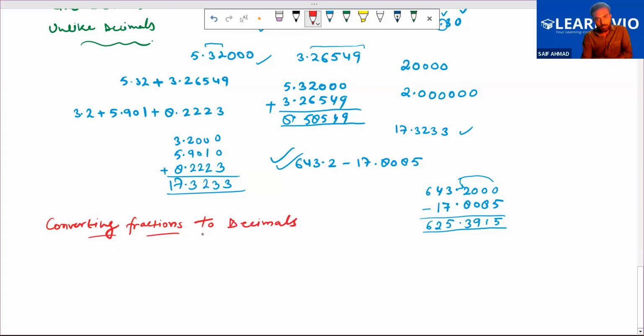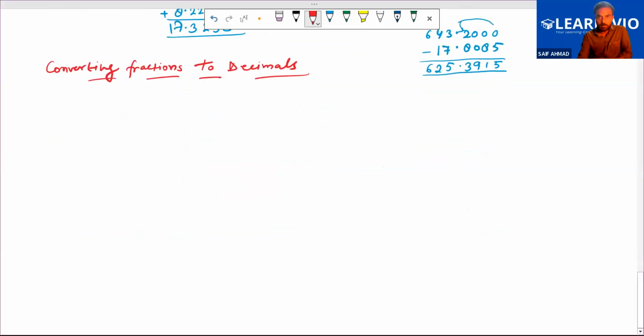If the denominator of the fraction is in the form 10, 100, 1000, 10,000, then it is easier to convert the fraction to a decimal.